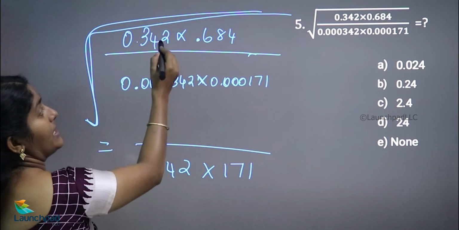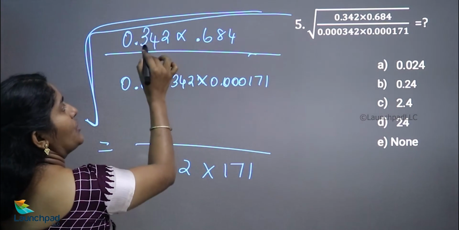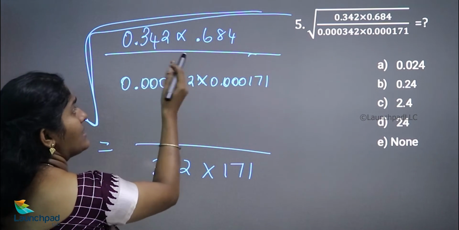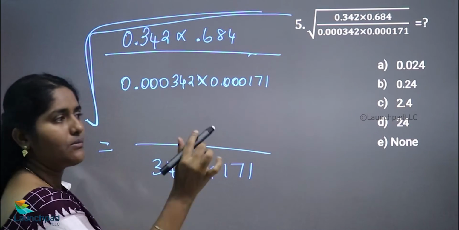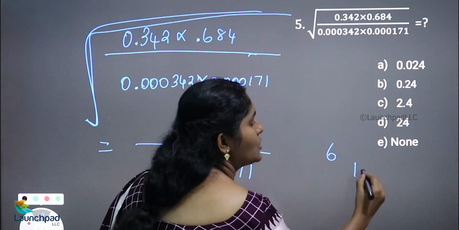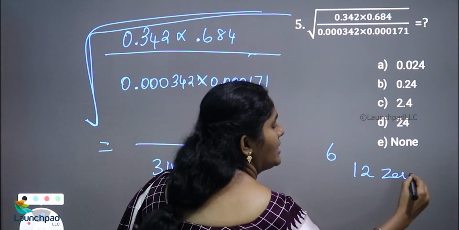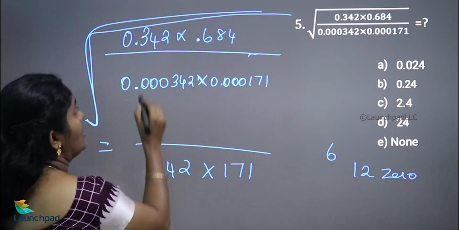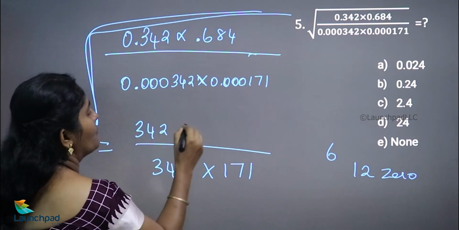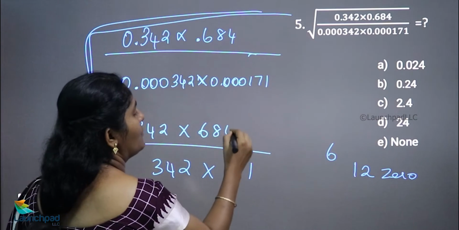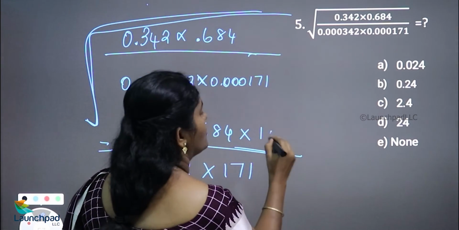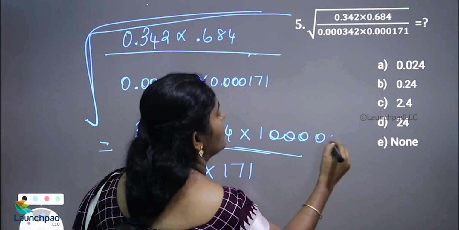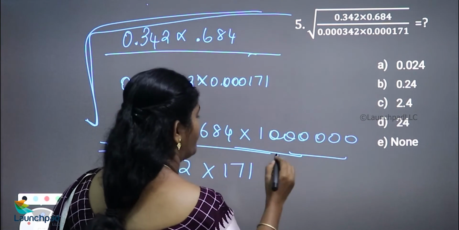In the numerator, 0.342 has 3 digits and here also 3 digits. 3 digits into 3 digits means 6 digits. While adding 12 zeros, the remaining 6 zeros will be there. So 342 and 684 into 000000.